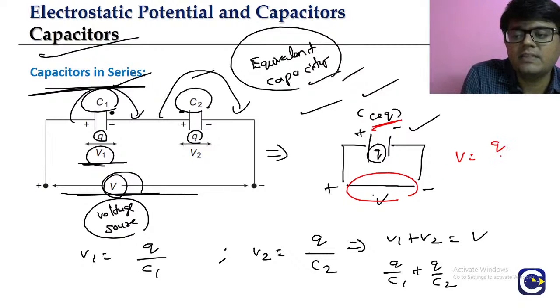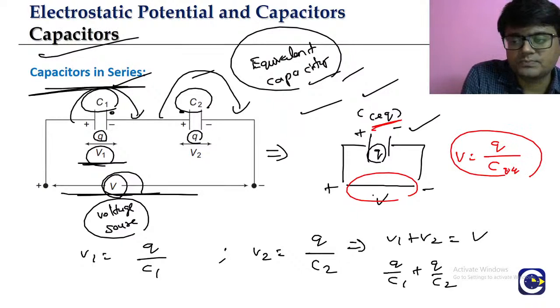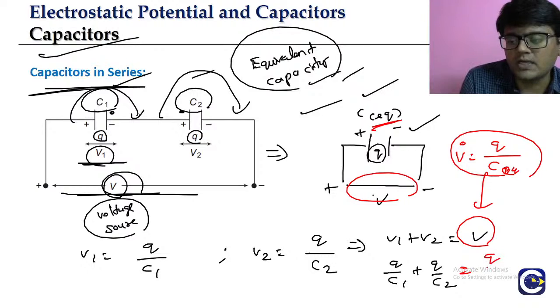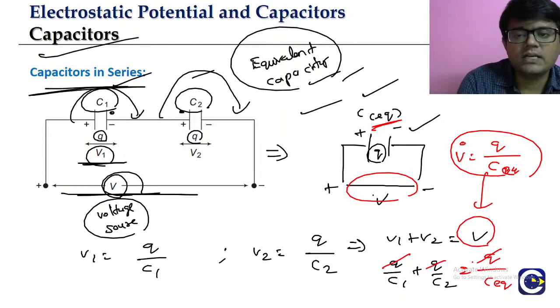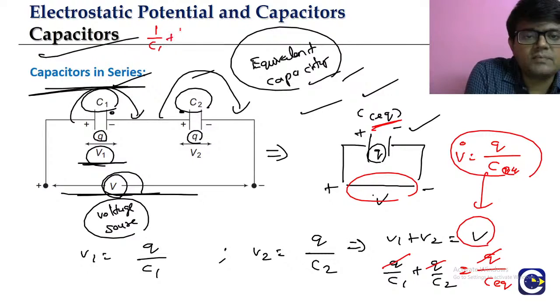The relation between potential difference and charge: the charge on the equivalent capacitor divided by its capacitance value is the voltage of the source. So we can substitute for V the value Q by C equivalent. Substituting, we have Q on the left-hand side and Q on the right-hand side, and cancelling them, we get 1 by C1 plus 1 by C2 is equal to 1 by C equivalent.